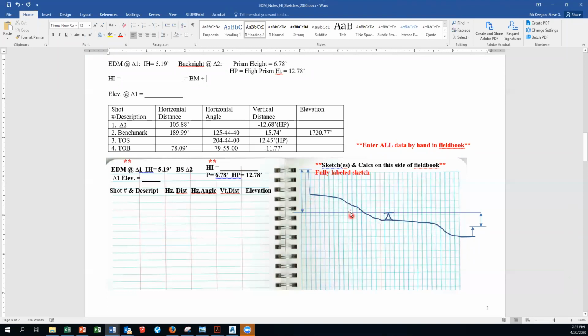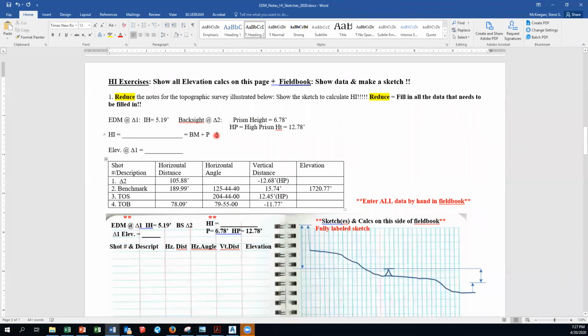Okay. So this prism height right here, is it a high prism? No, because HP is not written there. So it's going to be plus the prism. That gets me benchmark plus the prism. And how do I get to HI, which is right here? I subtract the vertical distance, which is 15.74.